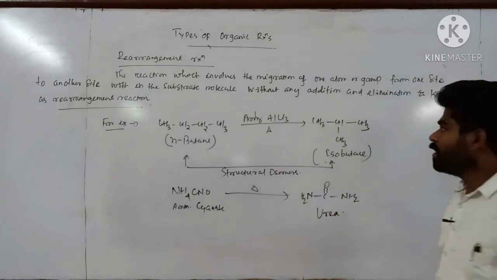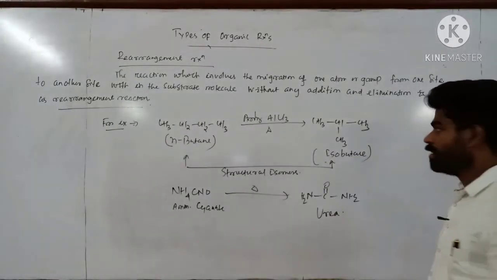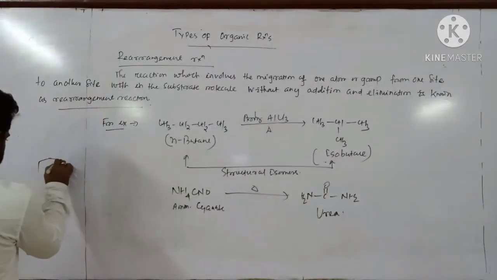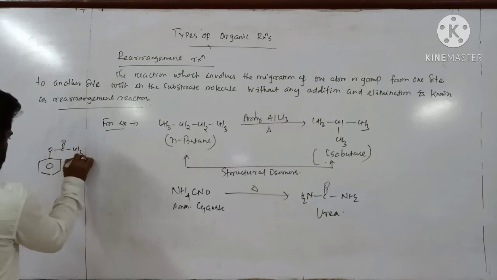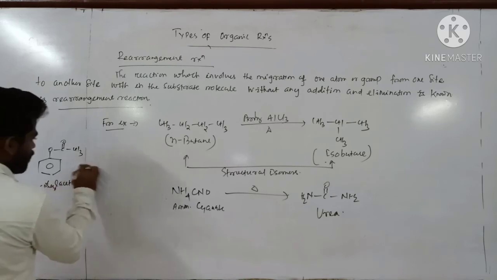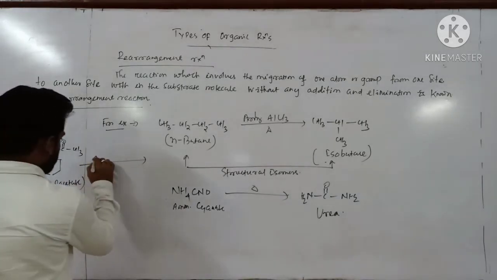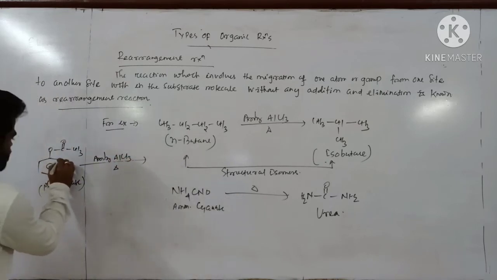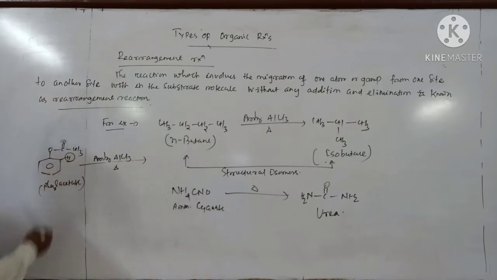For example, again, if I consider phenyl acetate, look at here, that is phenyl acetate. Again, anhydrous AlCl3 there. Then only rearrangement takes place. Here you see migration of one hydrogen from here to here, and this group migrates to here.